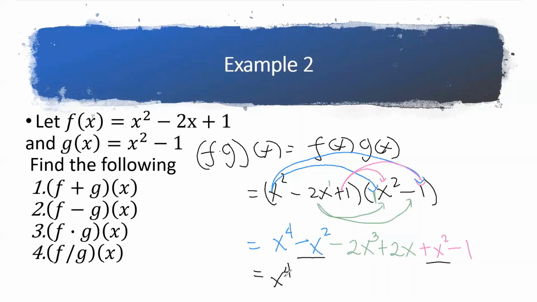So copy x raised to 4, negative 2x cubed. Negative x squared plus positive x squared is 0. Then copy positive 2x and negative 1. So this is now the f times g of x.